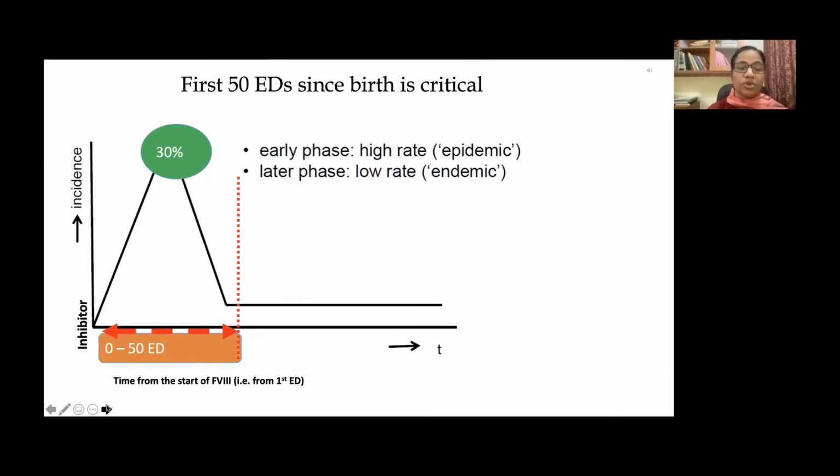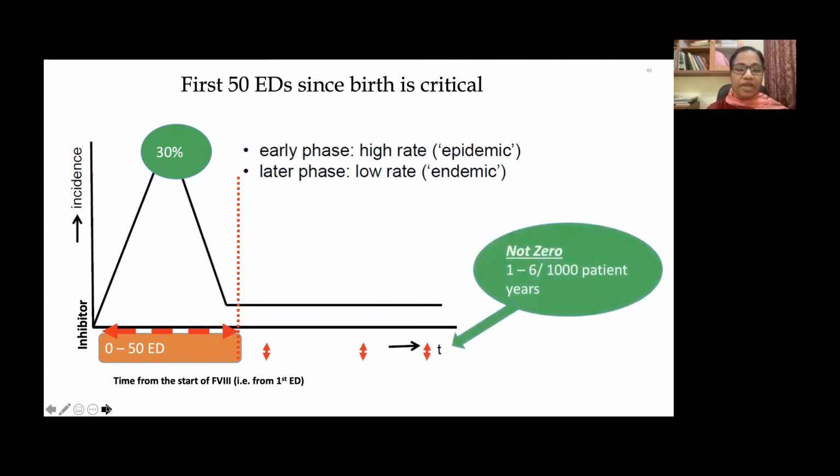During these days, the first 20 days carry more risk than the next 30 days. Thereafter, it is not zero. The inhibitor formation can still occur, but it is very less, 1 to 6 per 1,000 patient years. So that is the importance of the first 50 days.